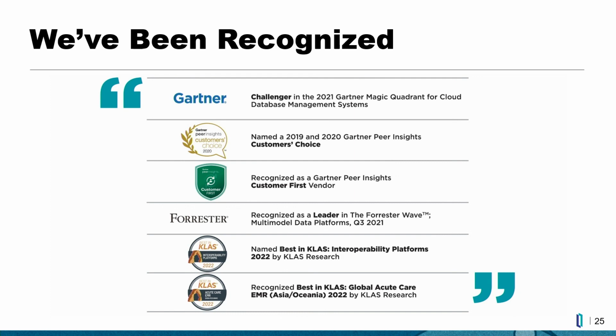Their Peer Insights program is giving us great credits, and even better credits if you wouldn't mind showing up at one of the booths and giving us a review of your experiences with the software. Forrester named us a leader in their new report on multi-model databases and already has us as a strong performer for translytical databases. And also for KLAS, which is specific to healthcare, we're getting some really good feedback.